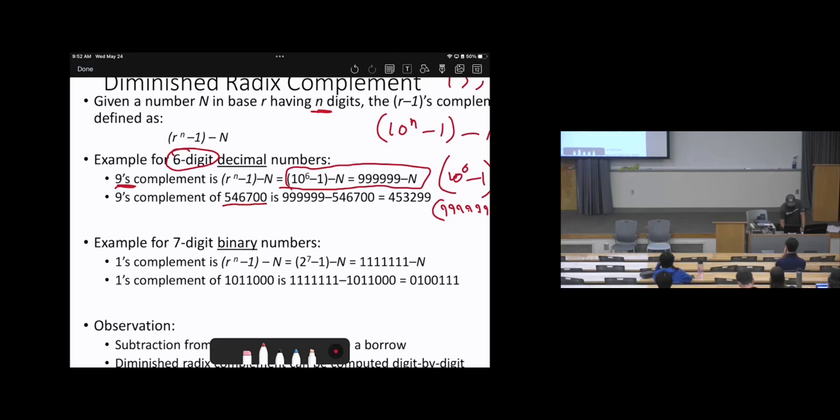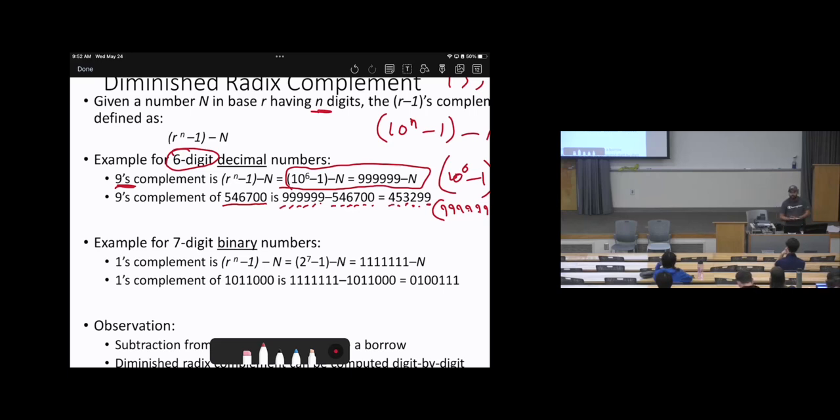So, how to subtract 999999 from this one? 9 minus 0, 9. 9 minus 0, 9. 9 minus 7, 2. 9 minus 6, 3. 9 minus 4, 5. 9 minus 5, 4.